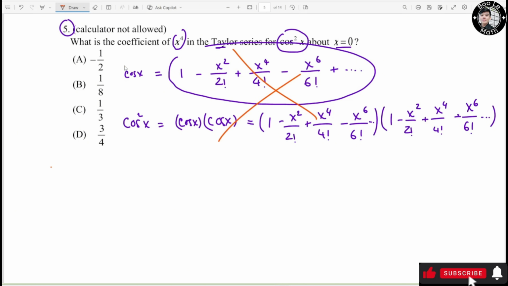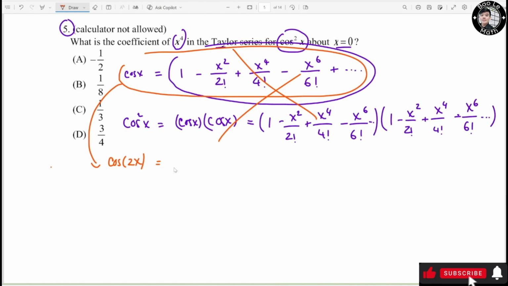So let's do it this way. We have cosine of s equal to this one. So what happens to cosine of 2s? We just replace s with 2s: 1 minus 2s altogether squared over 2 factorial plus 2s altogether to the 4 over 4 factorial minus 2s to the 6 over 6 factorial, etc. I'm going to simplify this one.